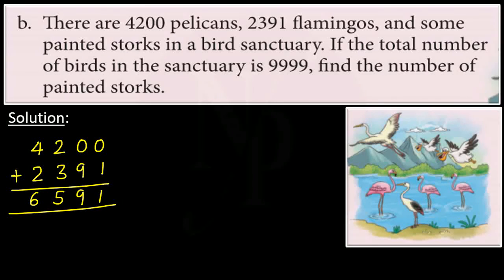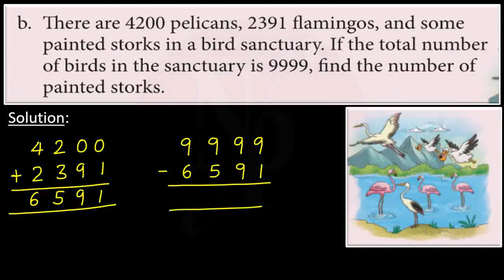So to find the number of painted storks, let us subtract this sum from 9999. So 9999 minus the sum we have obtained is 6591. So on subtracting this, you will get the required answer.